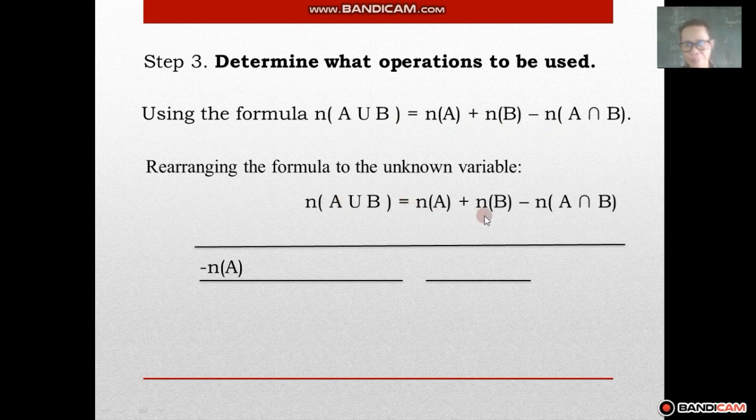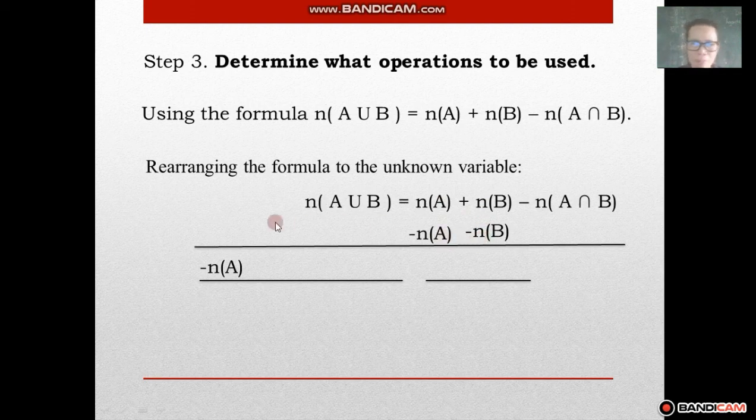Okay, these are the process. We need to eliminate these two variables here so that what will remain in this side of the formula will be the unknown variable. So these two variables will be eliminated by adding both sides by its additive inverse. This is the additive inverse of this variable, and this is also the additive inverse of this variable.